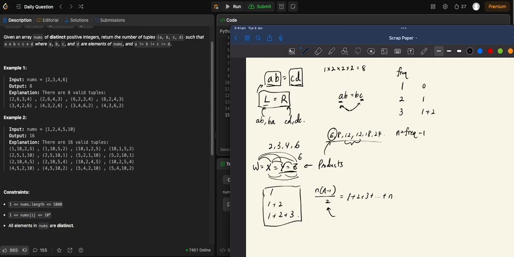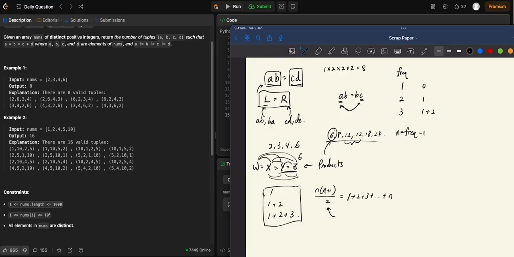So even when we get 2, oh, I made a mistake. It should be n plus 1 here.